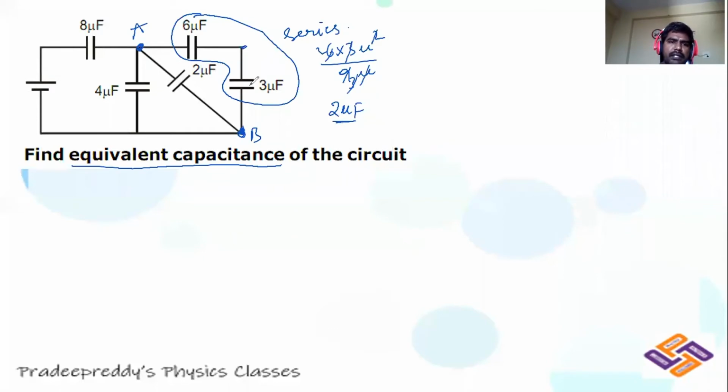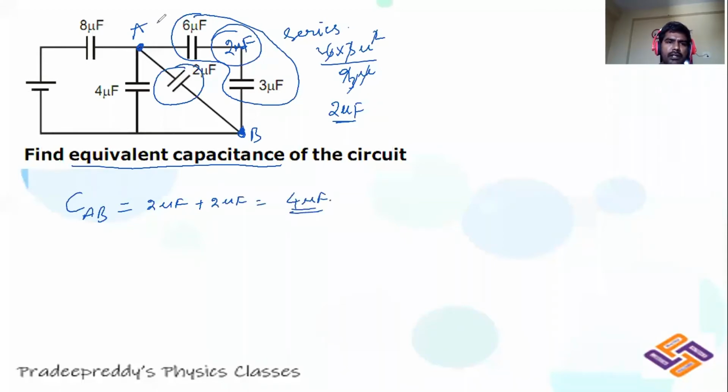This effective 2 microfarad is connected to another 2 microfarad in between AB in parallel combination. So first I will find CAB, and as these two are connected in parallel, 2 microfarad plus 2 microfarad gives you 4 microfarad.